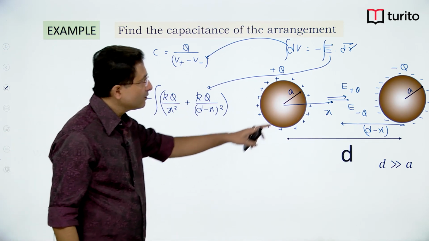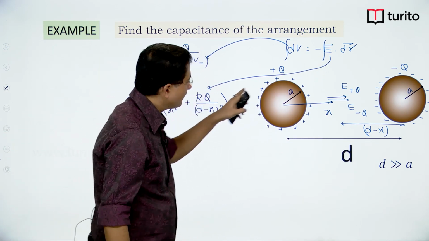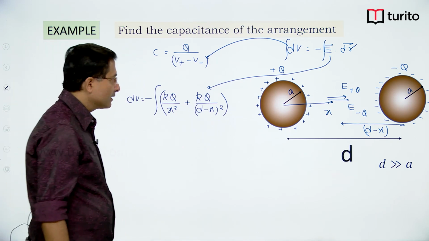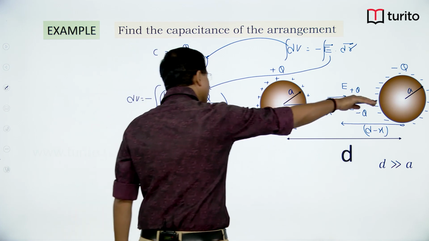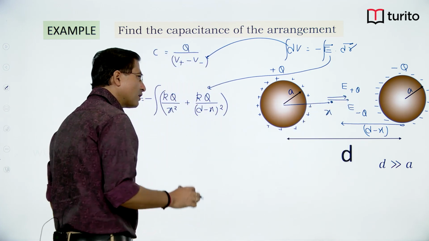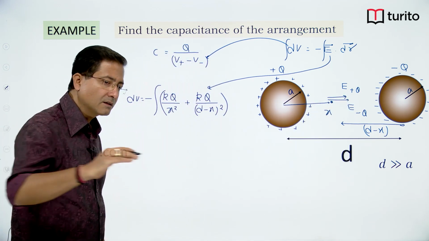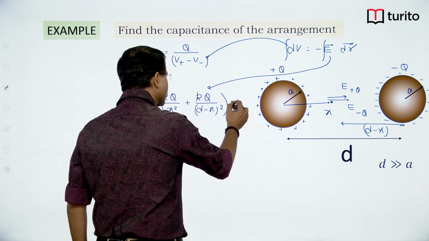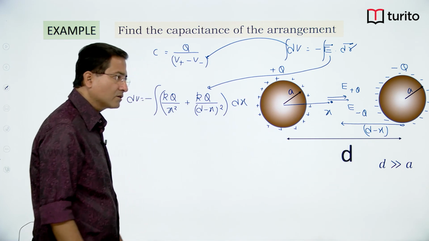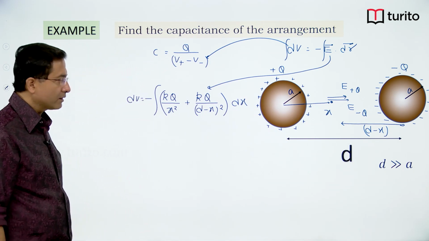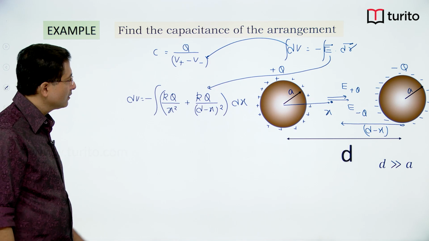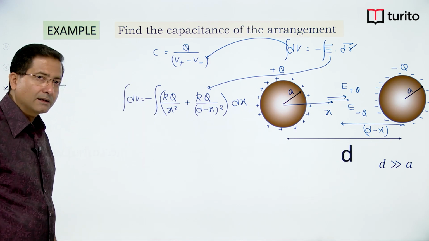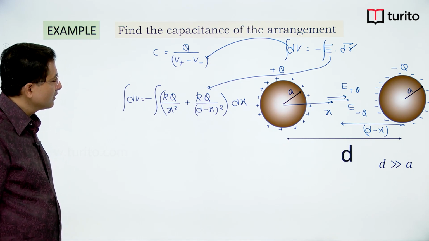So, I got the value of electric field that I am writing in this formula to calculate the potential difference, and then dot dx. As I am going in this direction, field is also in this direction, so the dot product is cos 0, which is 1, right. So, if we can integrate this term, we will get the potential difference, right.